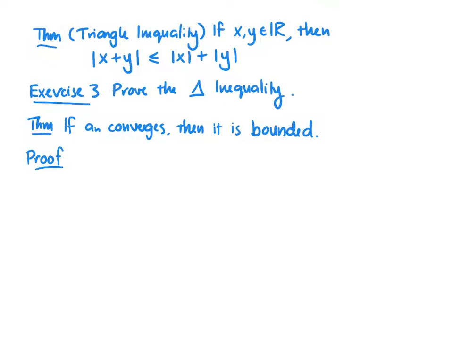But the closeness only occurs after a certain point, so we have to deal with what happens before that too. So this is going to happen in two parts. We're going to talk about what we can say once we get within a certain range of the limit, and then we'll talk about how to deal with anything else that came before we got close enough. All right, so let's see.